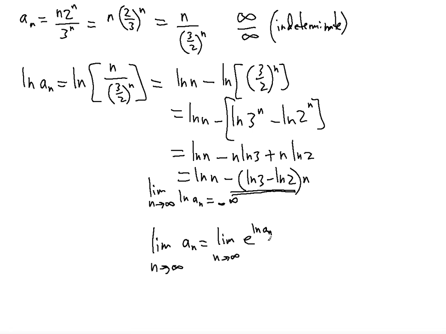This is the relationship between e and ln that you should know as well. Since we already know that ln a subscript n approaches negative infinity as n approaches infinity, we will have e raised to the power of negative infinity. We just substitute ln a subscript n with negative infinity.